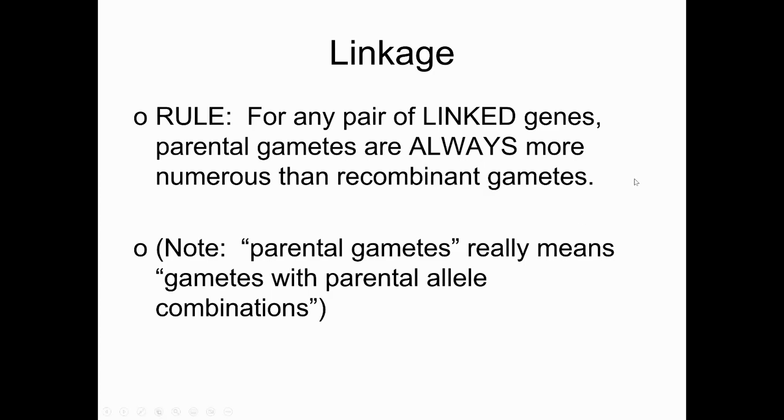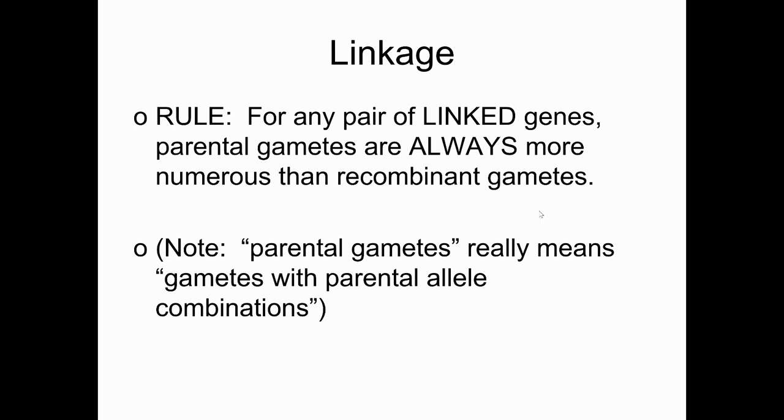So the rule is for any pair of linked genes, like M and D, or A and B, if you do a test cross between a double heterozygous parent and a completely recessive parent, the gametes from the double heterozygous parent, the parental gametes, will always be more numerous than the recombinant gametes.